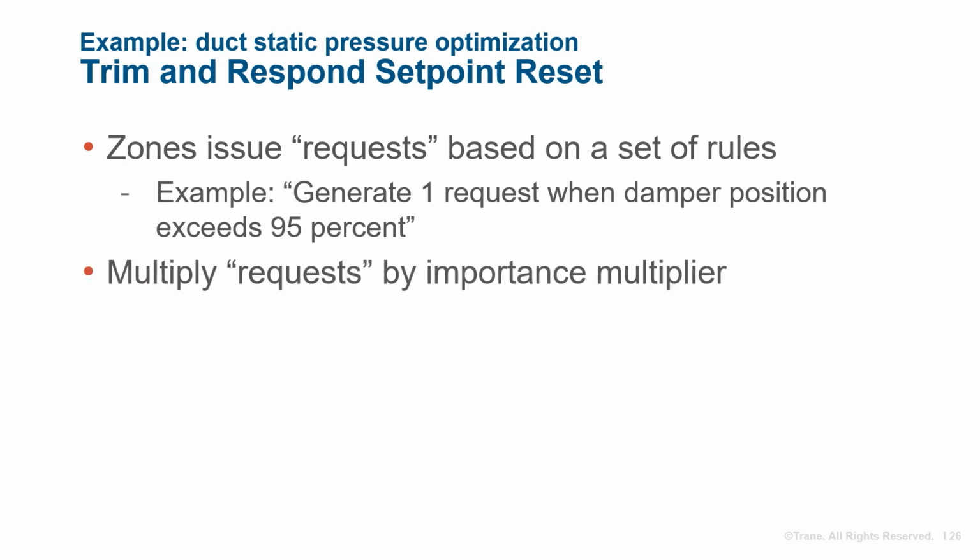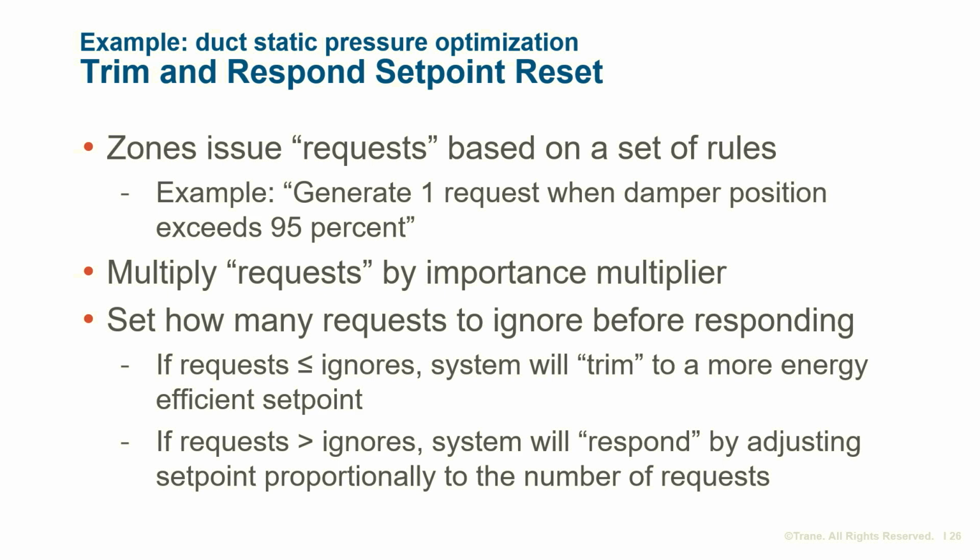So an importance multiplier may be used to weight the zones and generate more or fewer requests while using the exact same set of request rules. The system will ignore some of the requests before responding. This value is adjustable and allows the user to tune the system to be more focused on energy efficiency when ignores are set to a high value, or focused on maintaining comfort when ignores are set to a low value.